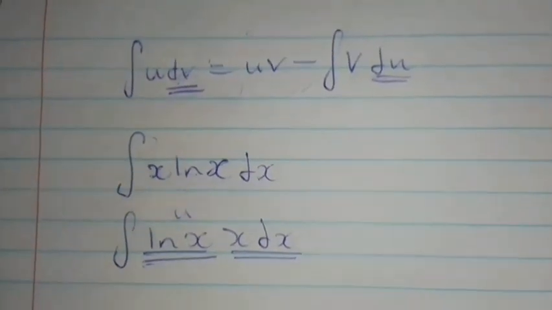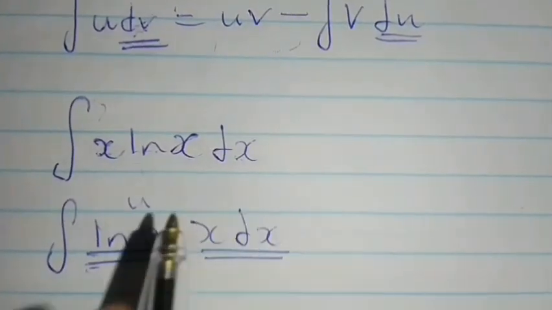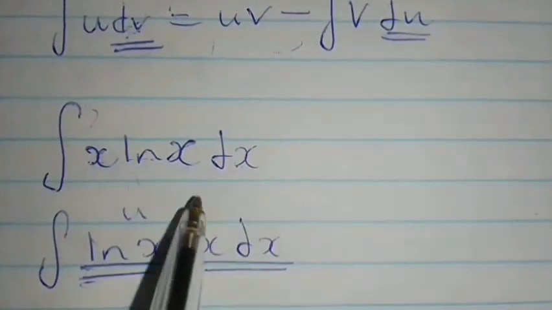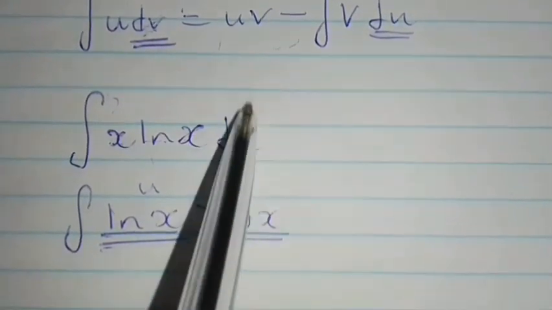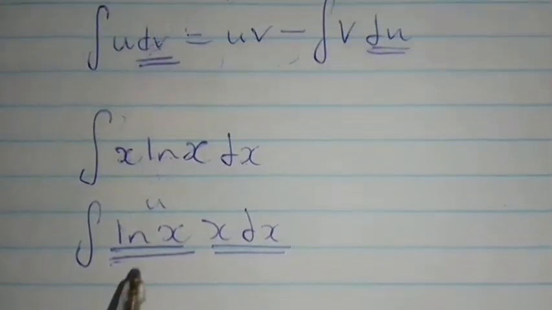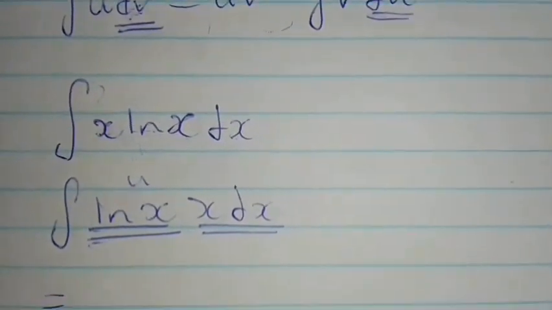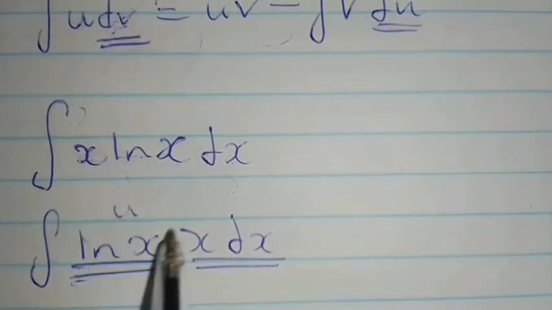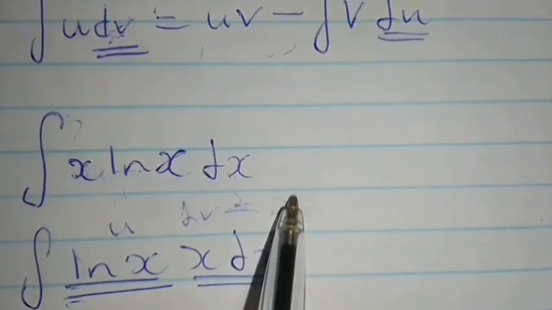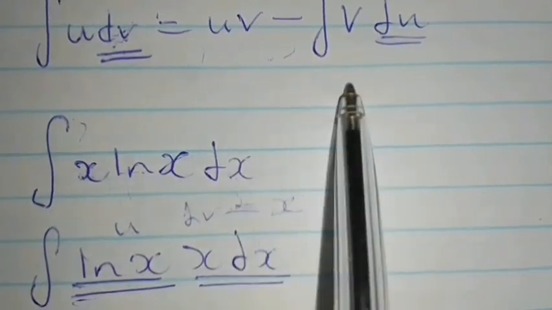Now you're going to apply the formula. In the test, you have to show all steps. You must show your u, and you must write your dv. dv in this case is x dx, and u is ln x.